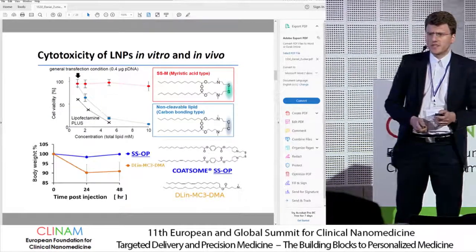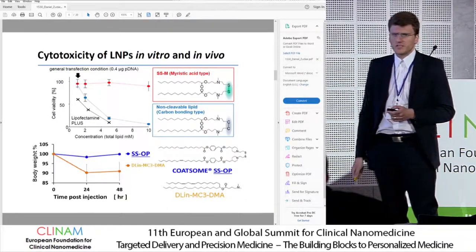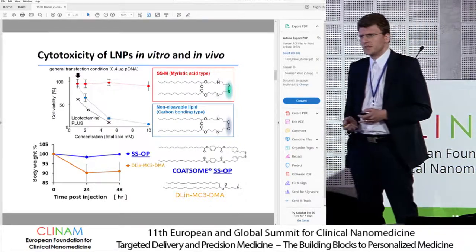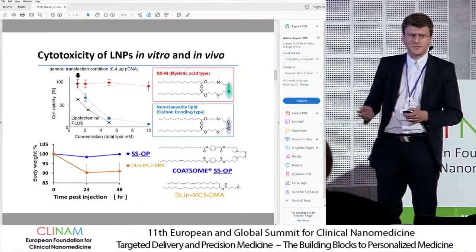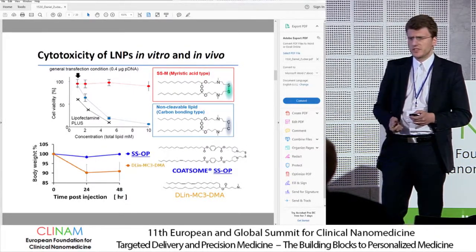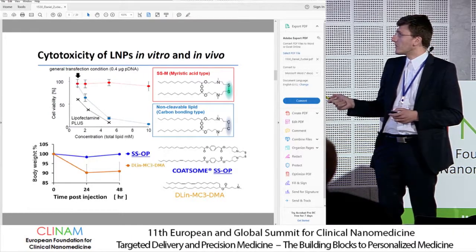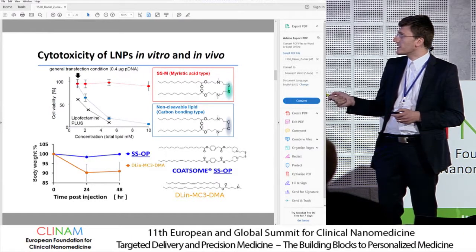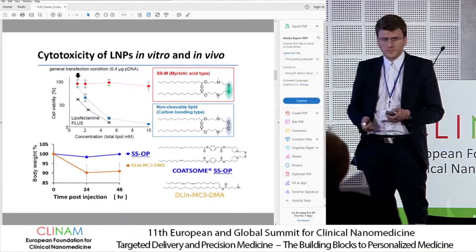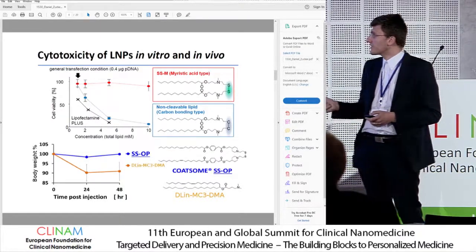Next, we evaluated the toxicity of the particles in vitro and in vivo. For this purpose, we treated the cells with different cationic lipids, and we measured the cell survival. We observed that the SS lipid does not lead to cell death even at high concentrations.